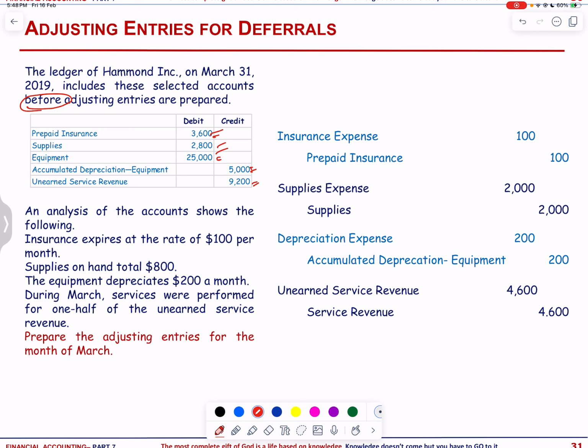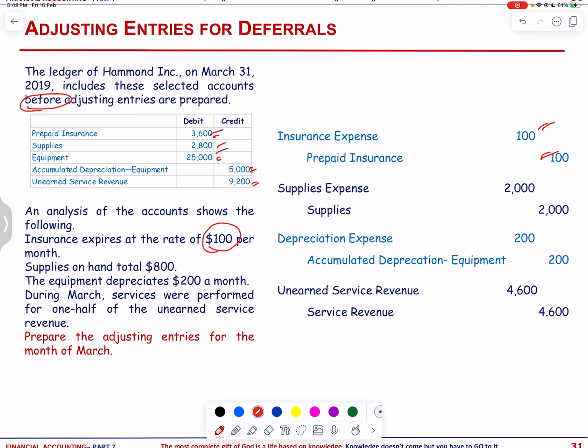Analysis of the accounts shows the following: insurance expires at the rate of 100 per month. This is a prepaid insurance. So for adjustment, insurance expense has to be debited and prepaid insurance has to be credited.